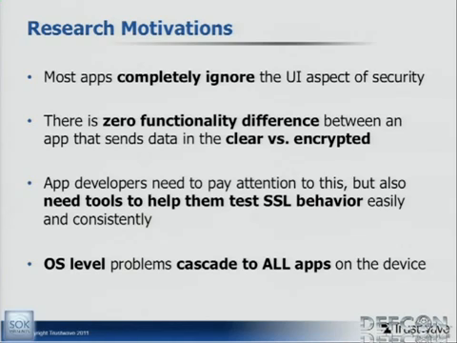And then also, when you find OS level problems, they can cascade to all apps. So if there's an OS level SSL parsing problem, it could affect every single app on a device, not just one single app. And to be fair, that is true of desktop as well, but on the mobile side, much more so than the desktop side, people tend to use consistent APIs that go down to the OS hooks.